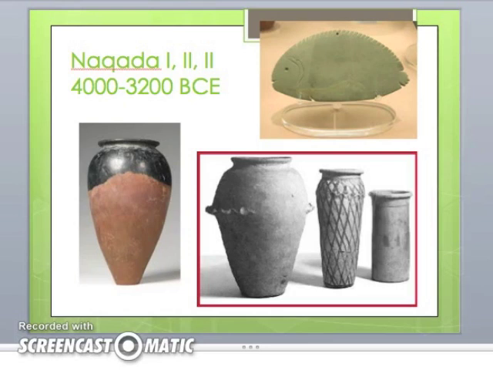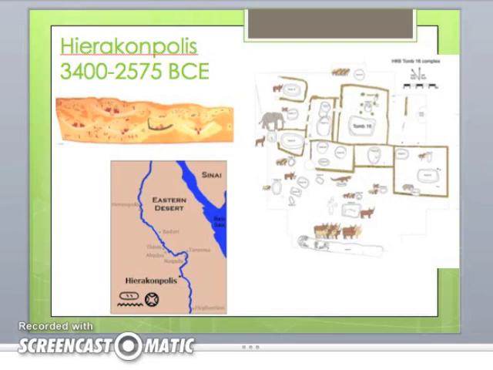A chiefdom setup is where there is one person in control of everybody else. This chief organizes trade, the building of new things, the government, the taxes, things like that. So a chiefdom society is starting to develop, we think, here at the end of the Naqada period, about 3200 BCE.